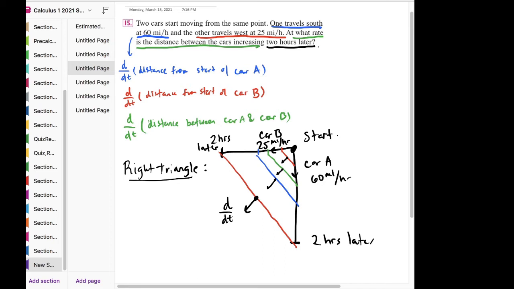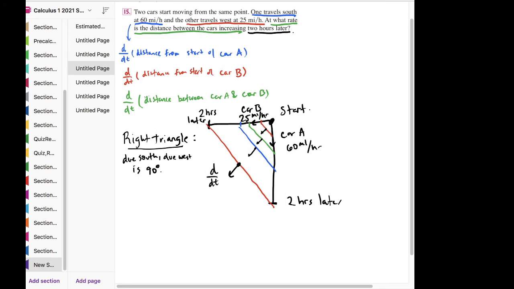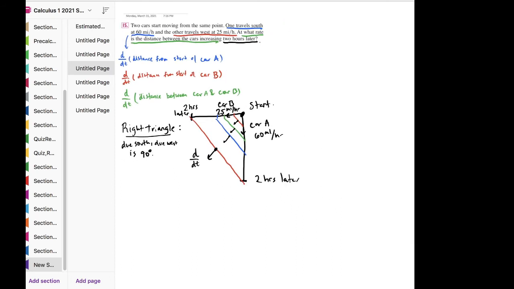Reading this, how would you say it's a 90-degree angle? It's important to see that. Yeah, it's due south, due west, which is 90 degrees. So that's very key. We can't do our next step if we don't have that statement. Okay, so big question. What is the distance between car A and car B?